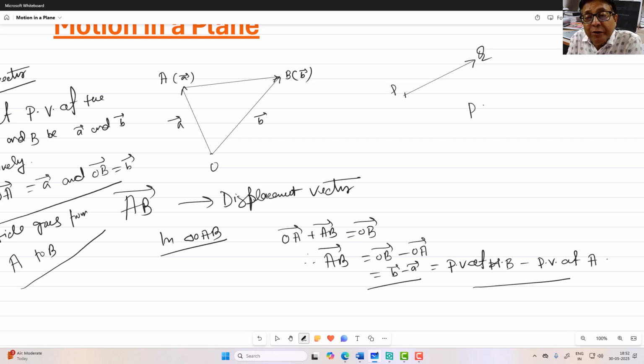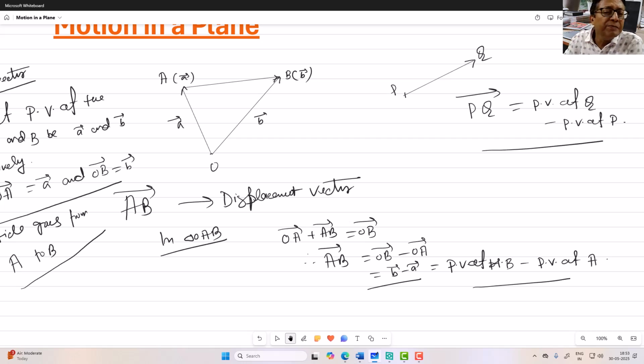How to write PQ vector then? PQ vector is going to be position vector of Q minus position vector of P. Very simple concept, and everything is understood with the help of triangle law of addition of two vectors.